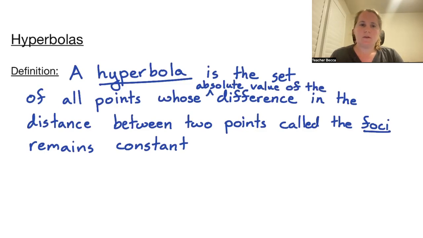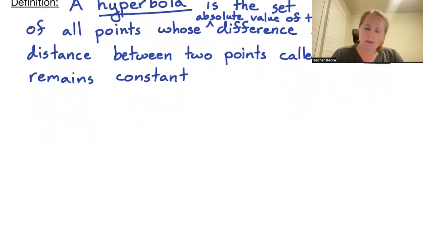Right. So in terms of the graph, we have our two foci and some set difference in distance. We could pick points symmetric along the same line as those points on the inside.